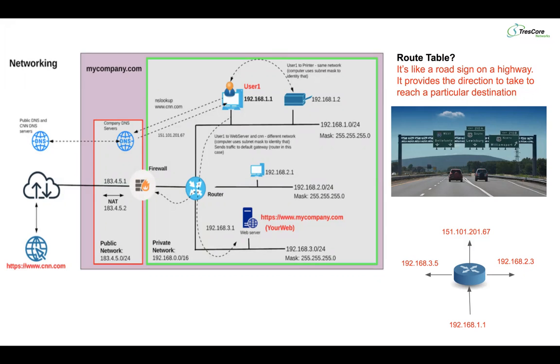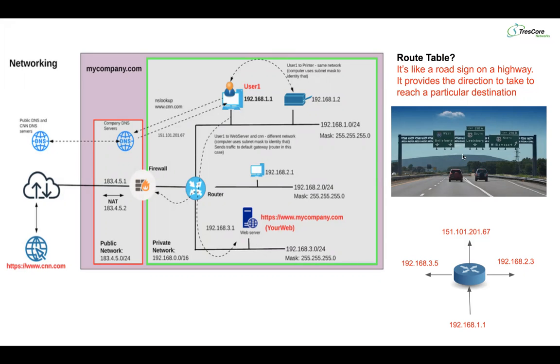Similarly, in the office, there may be a user and a printer in one subnet, a server in another subnetwork, and another client on another subnet. A router is the one that knows that if a packet from user one wants to go to a web server, the router will refer to its table. It's called a route table. It knows about all the subnetworks under it, and will create a table called the route table, and it will have information on where to send.